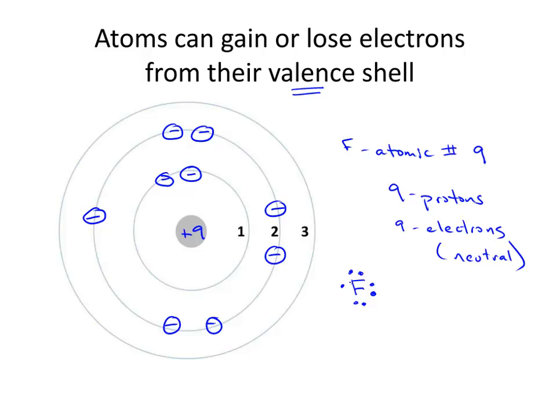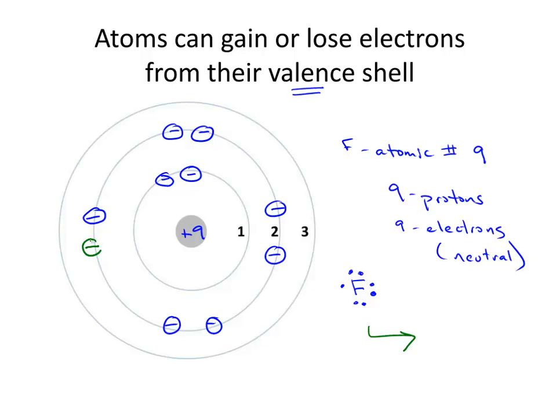Now, most of chemistry actually has to do with atoms gaining or losing electrons. If an atom like fluorine is very close to having a full valence, a full outermost shell, it will tend to gain an electron. So for example, fluorine will typically want to gain 1 electron.